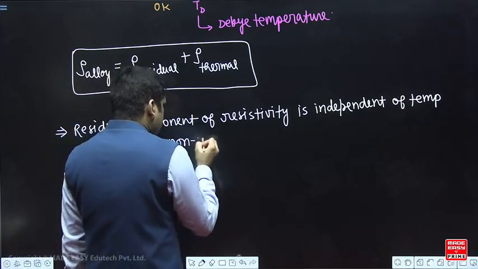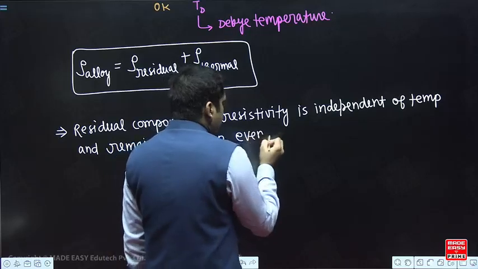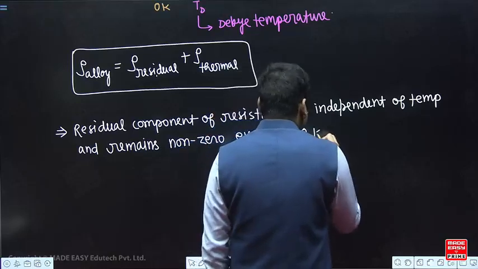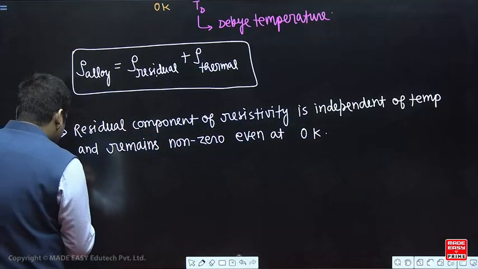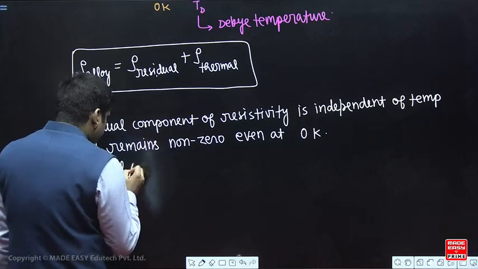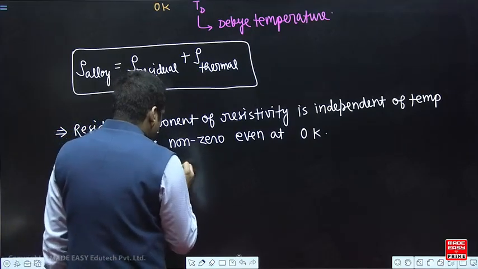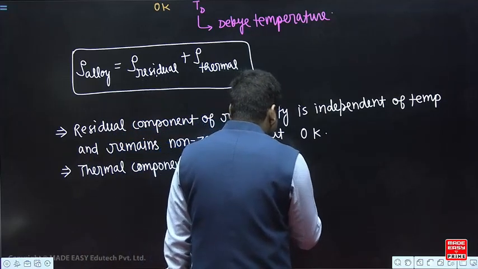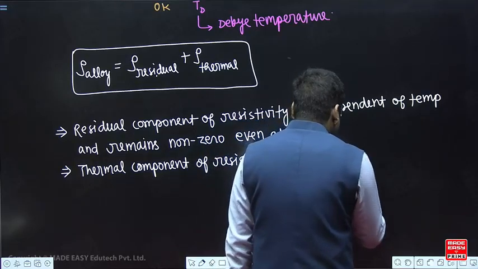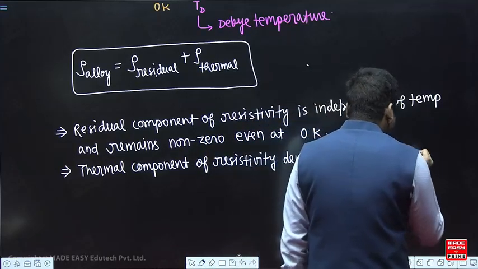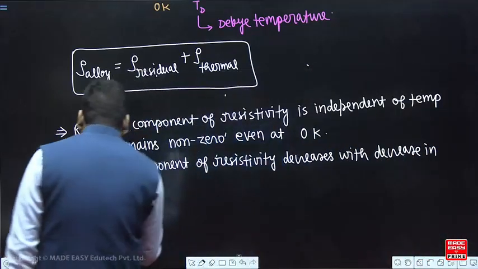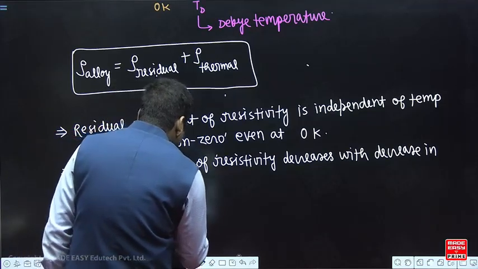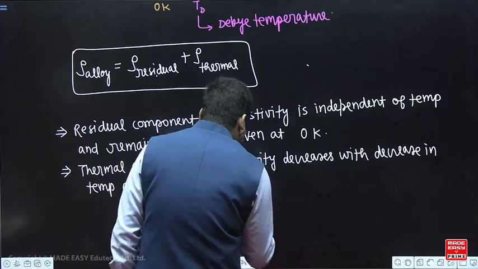The thermal component of resistivity decreases with decrease in temperature and becomes zero at 0 Kelvin.